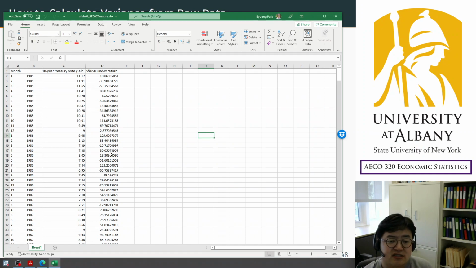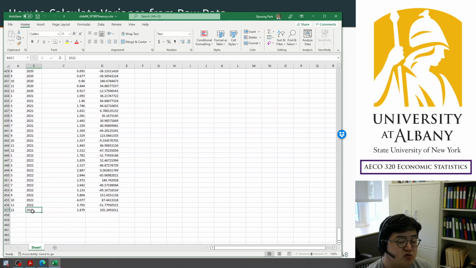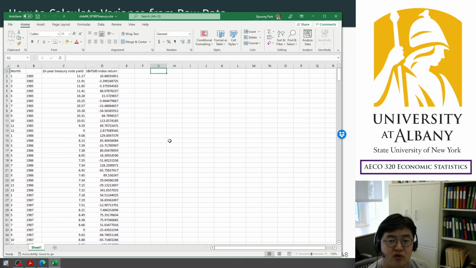So this is the data I used in an earlier example. 10-year Treasury note yield and S&P 500 index return, monthly from January 1985 through December 2022, right? So I'm going to show you.